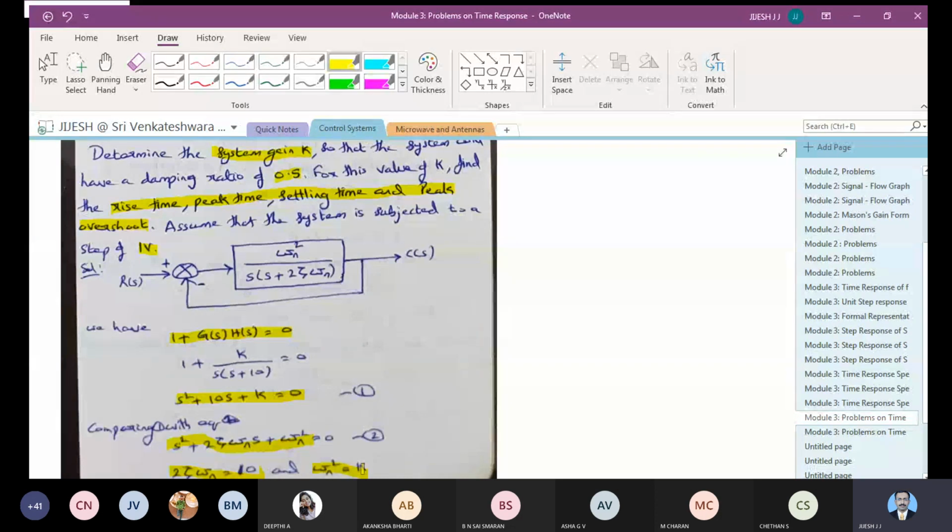So if any one of you got the value of k, just let me know. See, I am saying the damping ratio is given as 0.5.